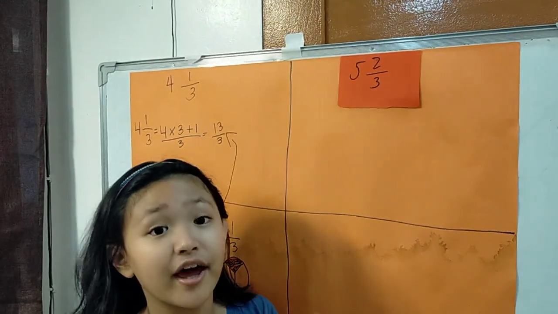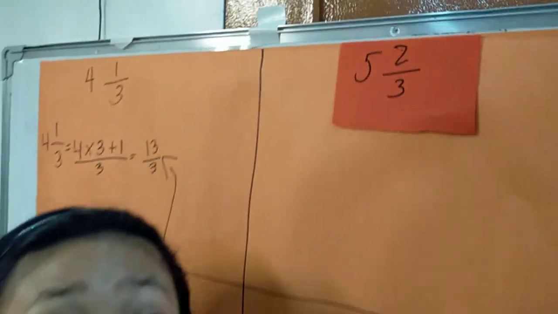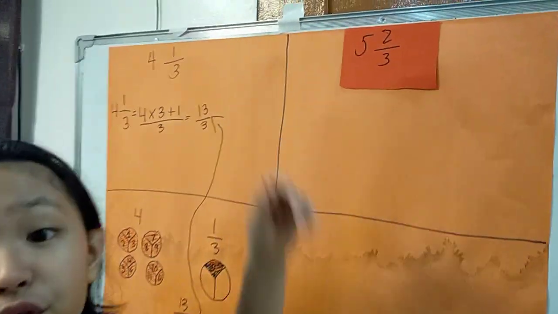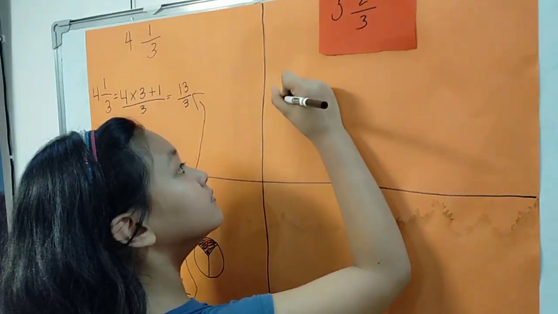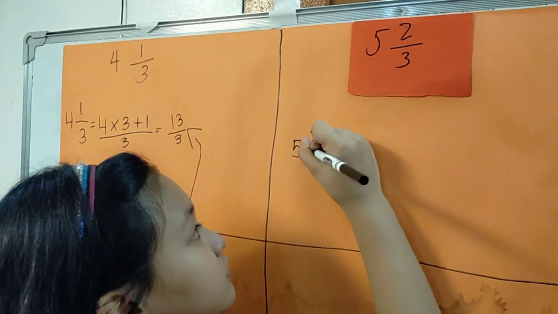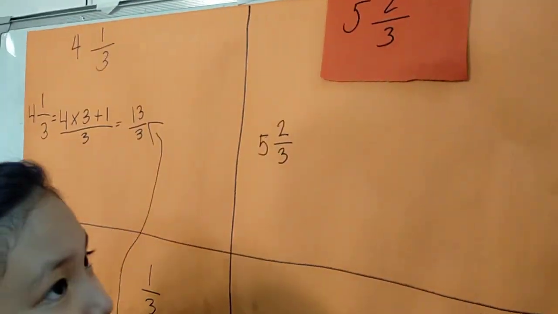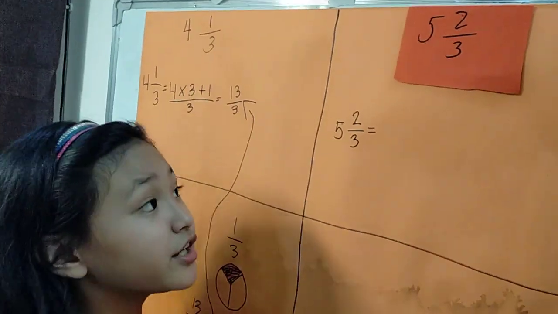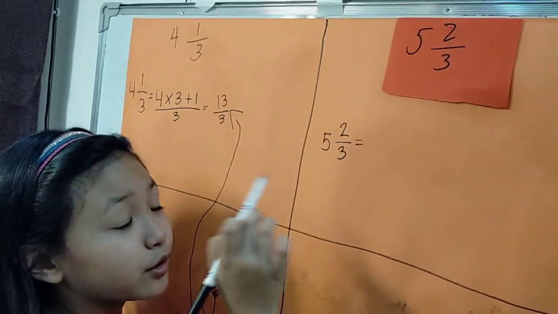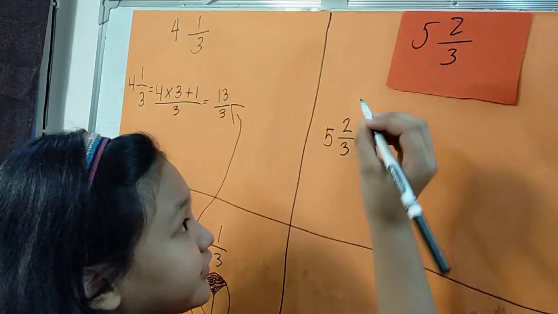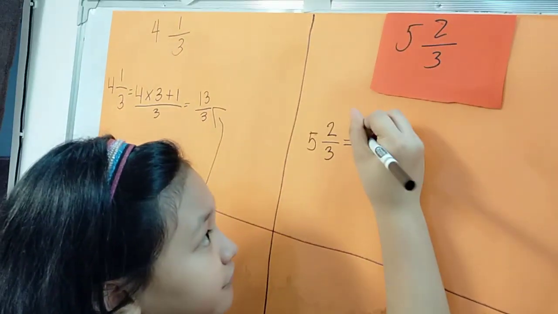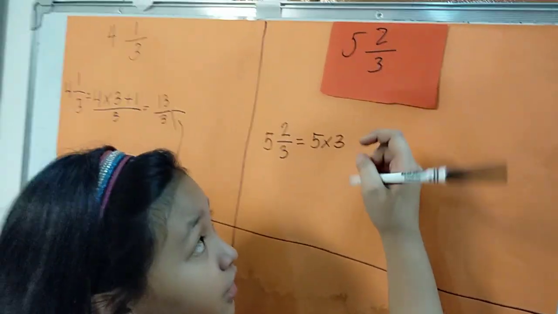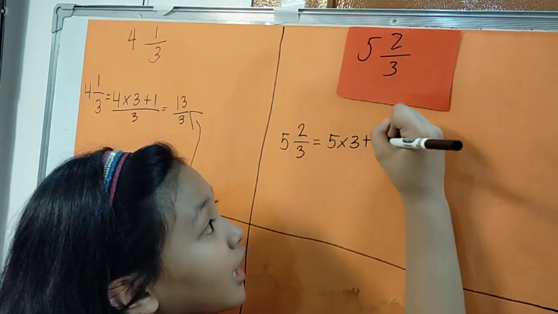For the second given mixed fraction, we will do the same. 5 and 2/3. As we've done earlier, we should multiply the whole number and the denominator. 5 times 3. And we should add the numerator, plus 2.